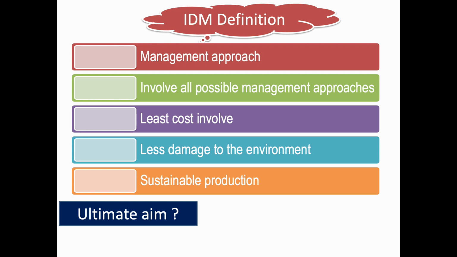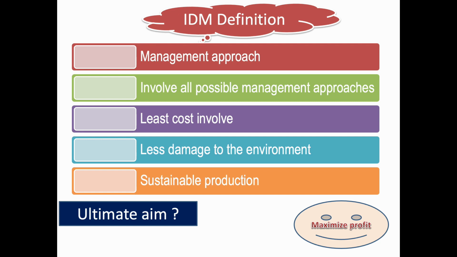We can define integrated disease management or IDM as a management practice that involves all the possible management approaches with the least cost involved and less damage to the environment, that lead to sustainable production. And the main aim of IDM is to maximize the profit.